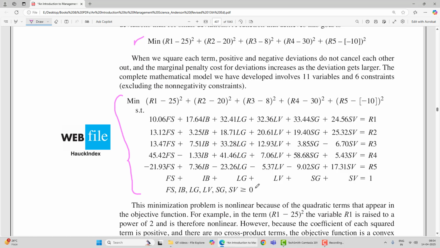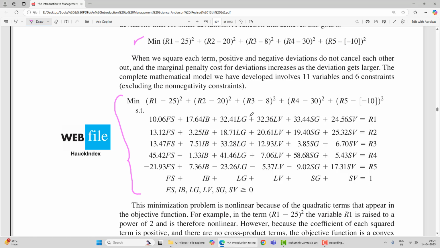And obviously there is a non-negativity constraint. But because R1, R2, R3, R4, R5 are also going to be our variables, they are getting into squares here in our objective function.